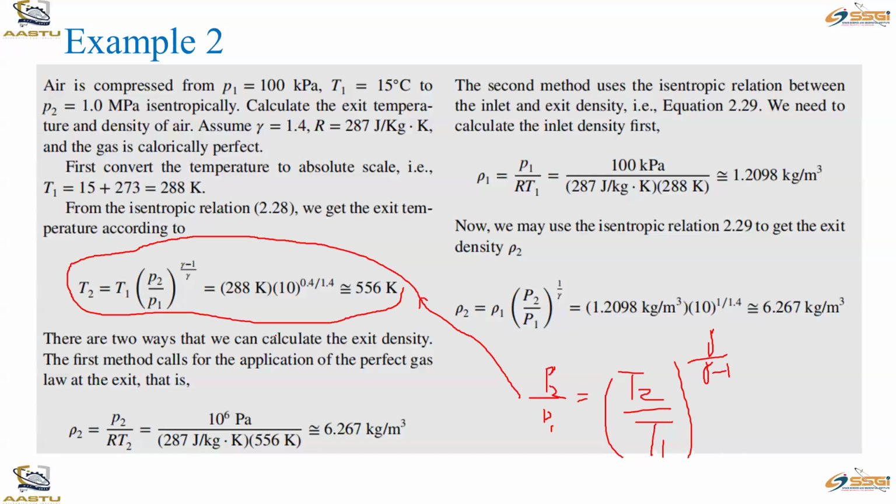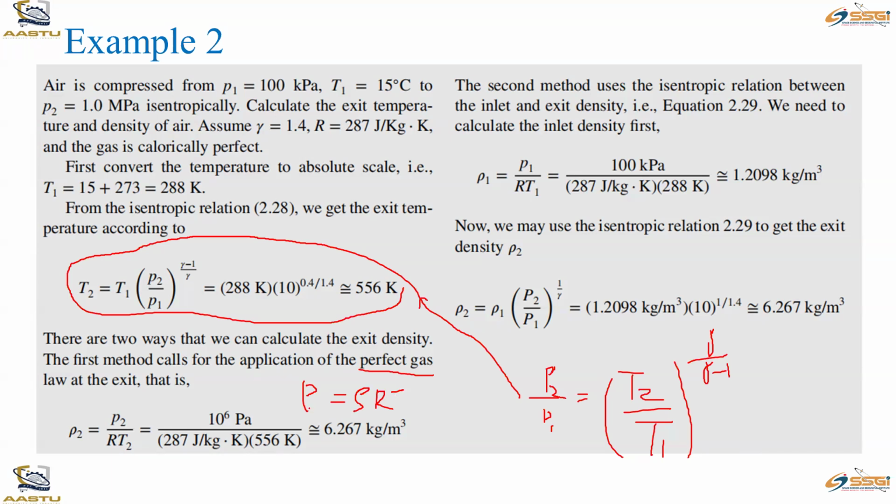Actually, we can also calculate the density. Once we know the temperature at point 2 and temperature at point 1, then we can easily calculate density and other constants. But the perfect gas law also helps us to calculate. Perfect gas law means pressure is equal to rho RT.